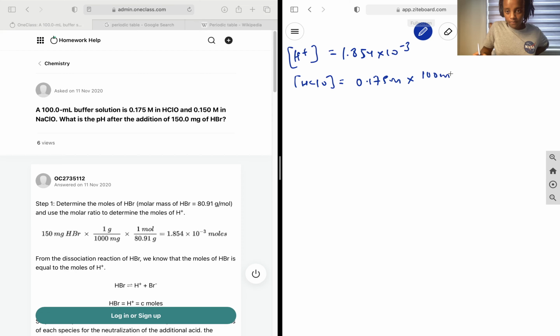Times 1 liter per 1,000 milliliters. And this is going to give us 0.0175 mole.